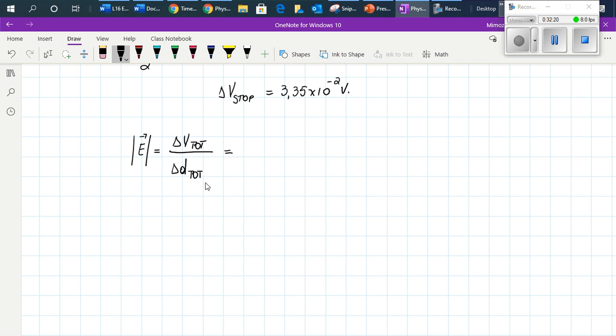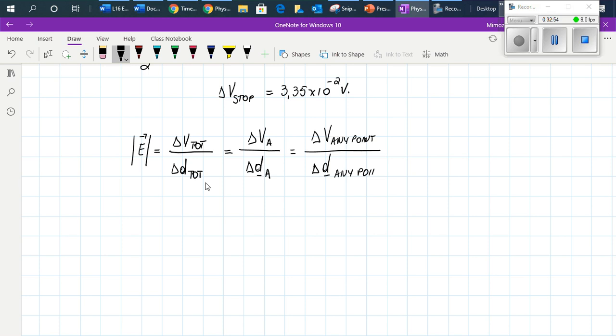So we can say that the change of voltage at any point A, over the delta D between the negative plate and point A, is the same. So delta V of any point over delta D, the distance from the negative plate to that point.